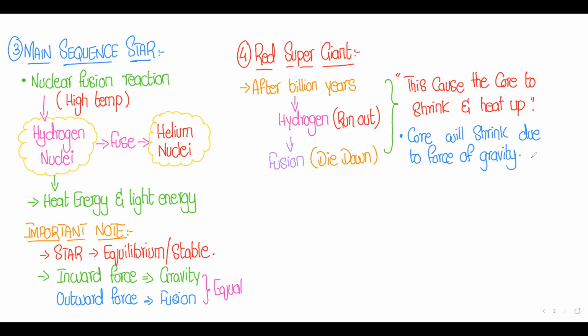So there will be no fusion reaction, and the gravity or the gravitational pull will become greater, and the outward force or the pressure is going to decrease, because there is no more fusion reaction, right? Yes. So outward force will decrease.